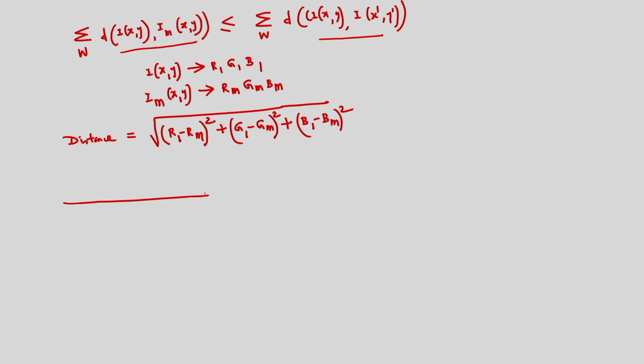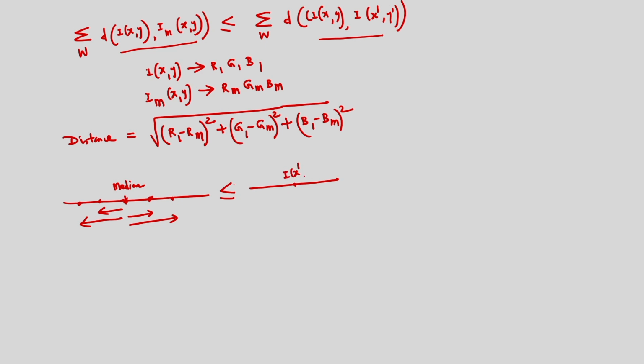Pictorially I can show it like this. Suppose this is the median pixel. I can find the distance between the median and other pixels, and that will be less than or equal to the following.